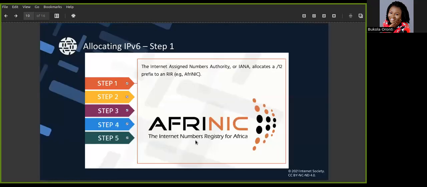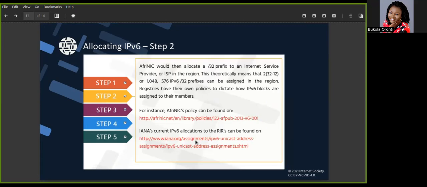So for the purpose of this class, we'll be looking at the African region, which operates the same way as every other region actually. So IANA, for example, allocates like a /12 prefix for the African region for distribution among the organizations or the citizens within the African region.